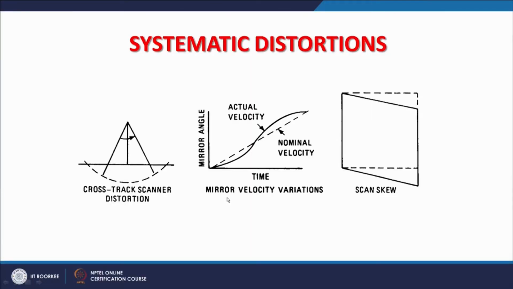When the scanners have a mirror which moves, these are optomechanical devices, and therefore there might be a change in the variation and the velocity. Here the normal velocity should have been like this, but the actual one is like this, due to the moving mirror. The skewness will bring this kind of error in your image, so it is distorted because of earth movement when data is being acquired.